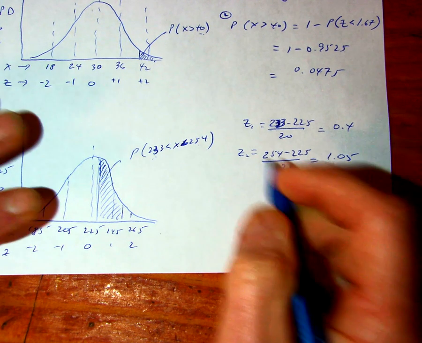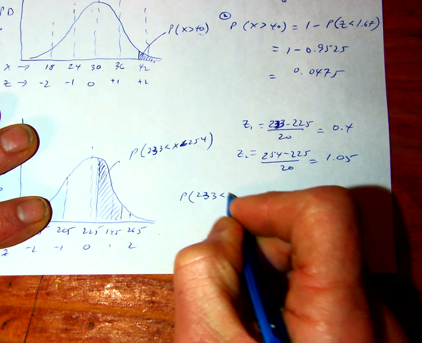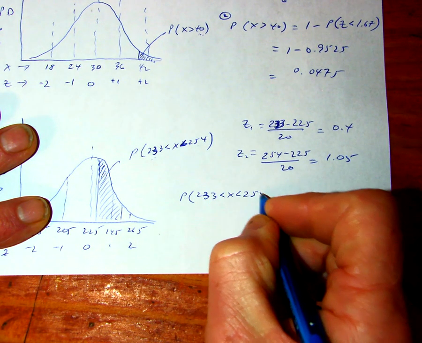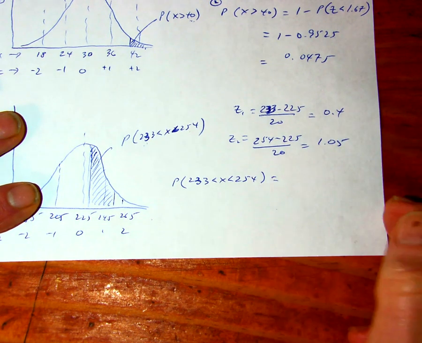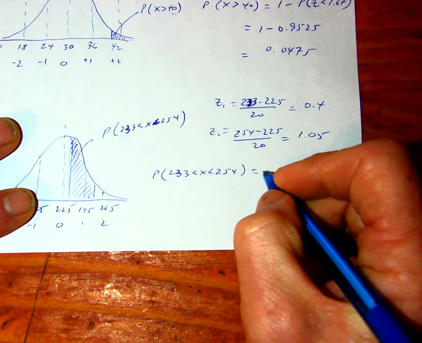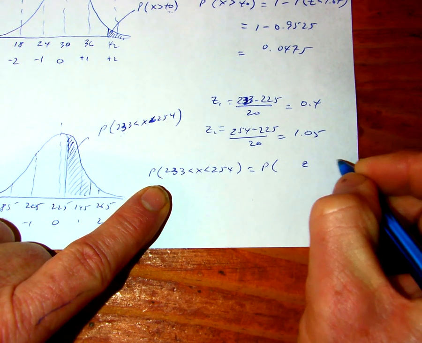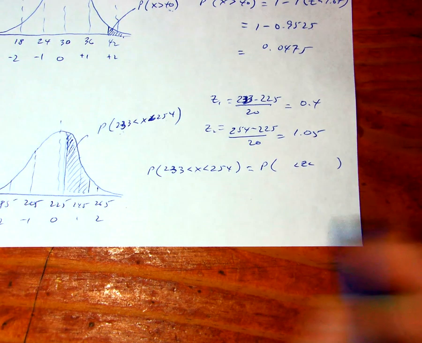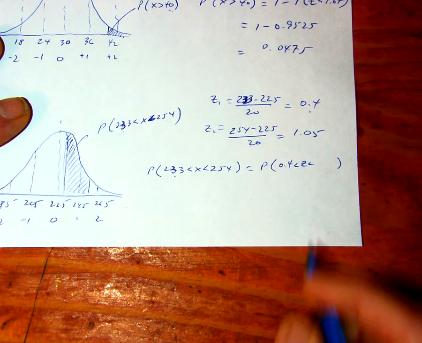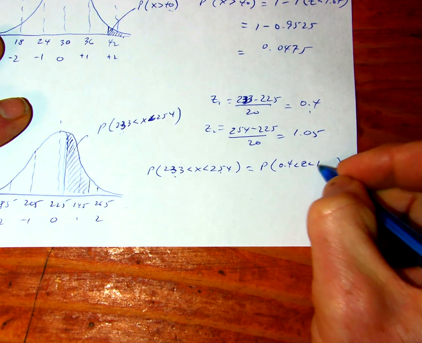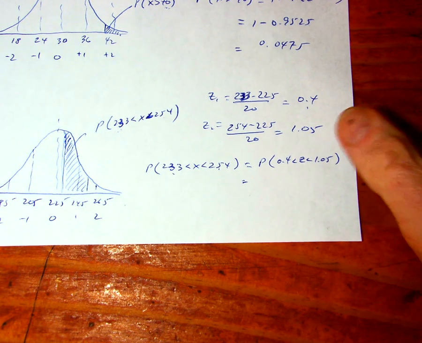All right. So the probability that you're going to have an x value between... I got 1.45. I got a different answer, so let's see. You're going to convert this to the probability that z is between 0.4 and 1.05.